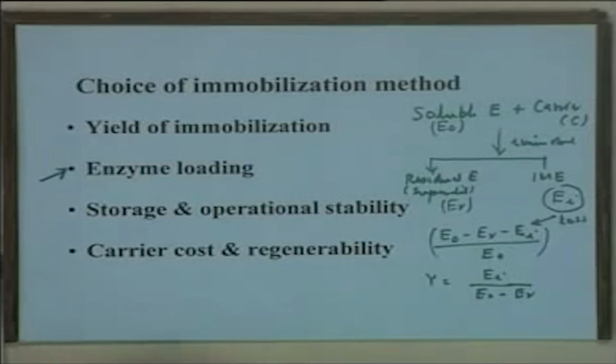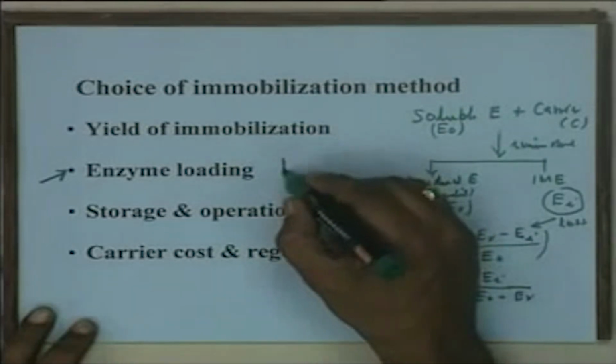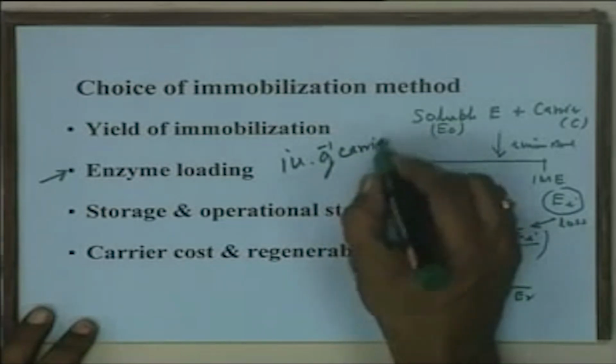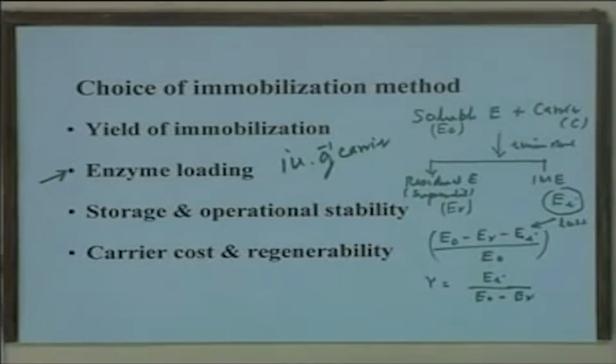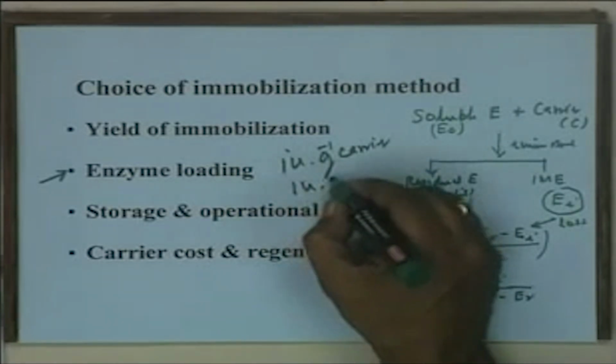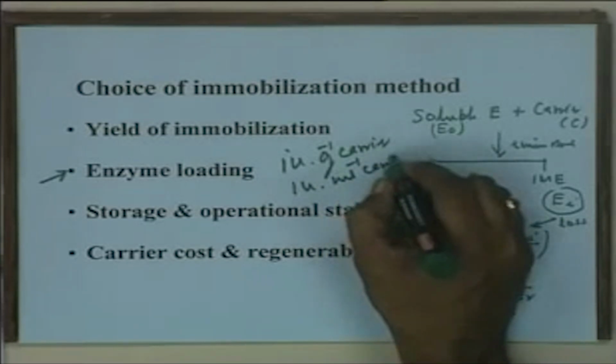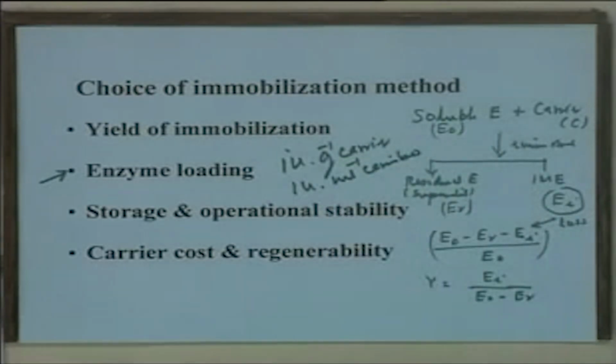Similarly, in the case of enzyme loading, we talk of, for example, international units per gram of carrier, or if you take into account the bulk density of carrier, you can also say international units per ml of carrier bed. That means you pack the carrier into a packed bed, and then consider the volume.